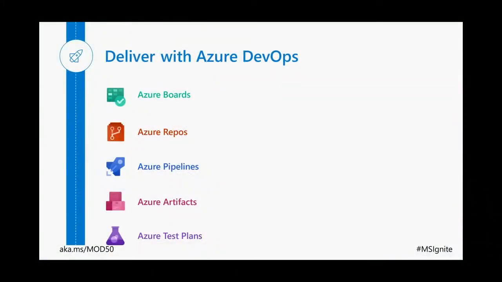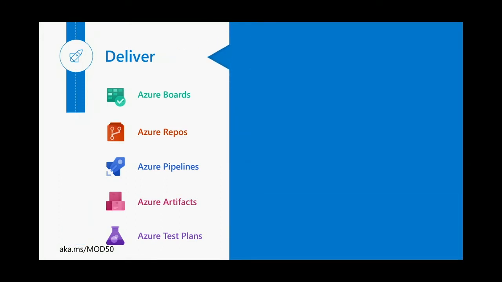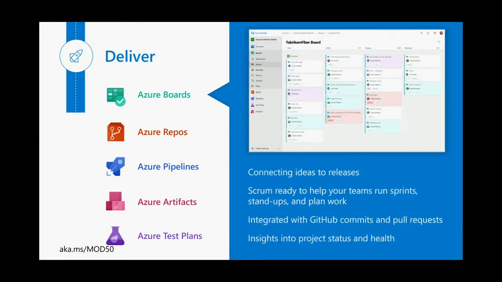So delivering with Azure DevOps. What is Azure DevOps? For those of you who might not be familiar with it, Azure Boards is like Kanban boards. We actually have a facility for you to be able to connect through GitHub and or Azure DevOps to our Azure Boards, which allows you to communicate between the planning and the developing phase and deliver that to the release phase.